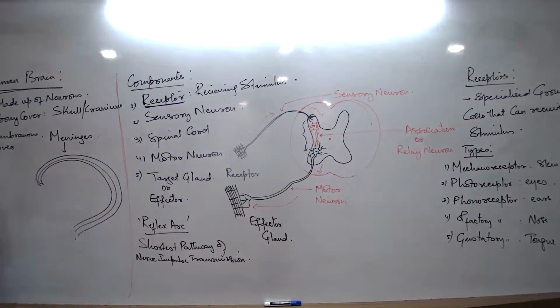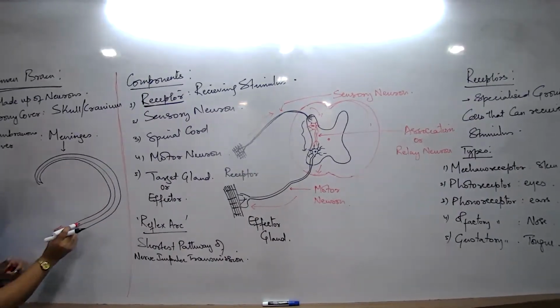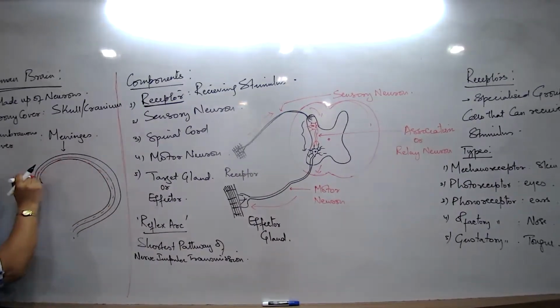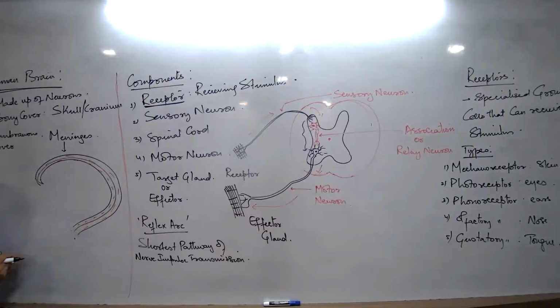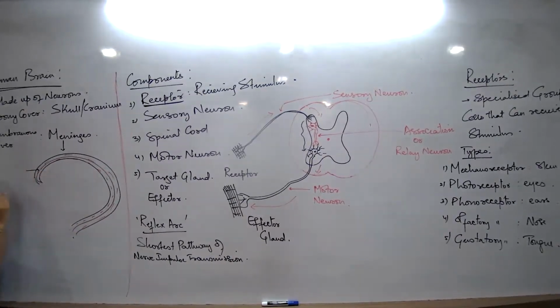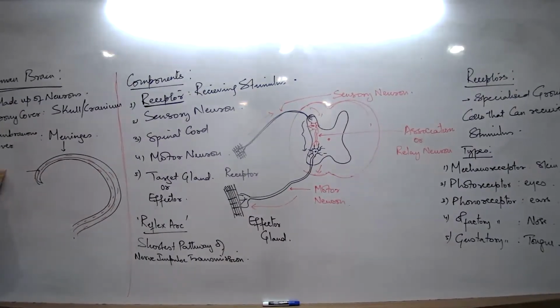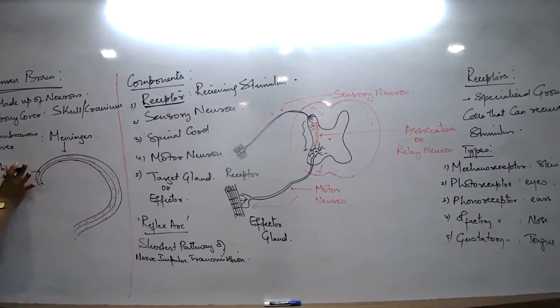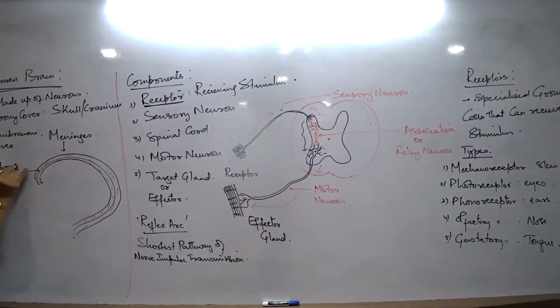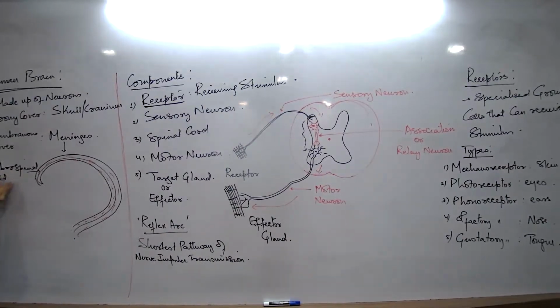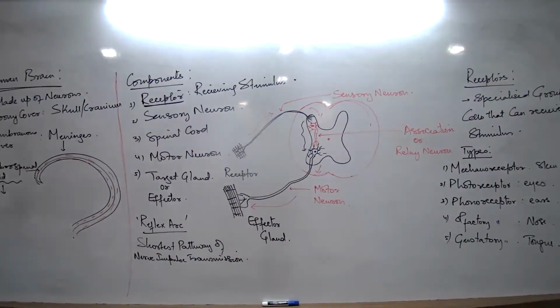And between these layers, what is there? There is a characteristic fluid. And what is the name of this fluid? The name of this fluid is cerebrospinal fluid. Now, what would be its function? Where is it present, first of all?